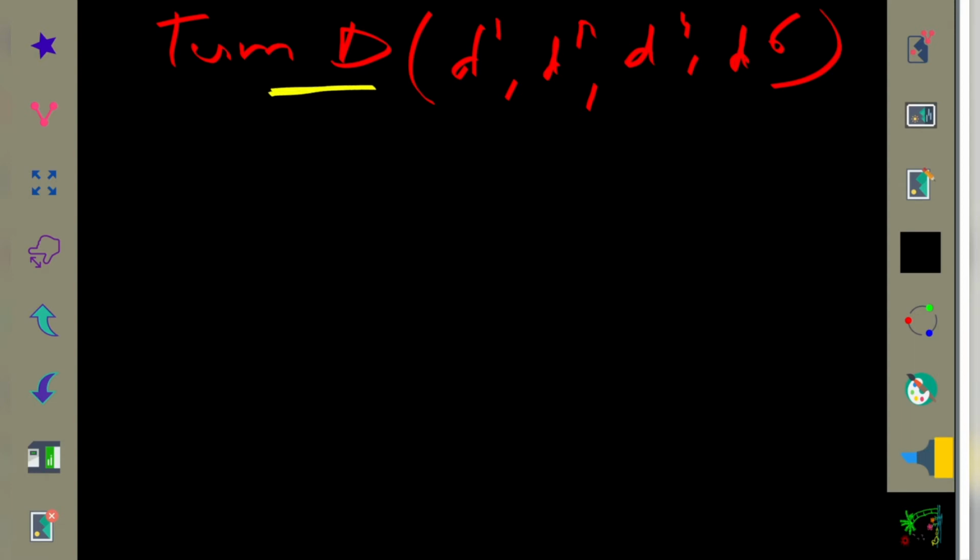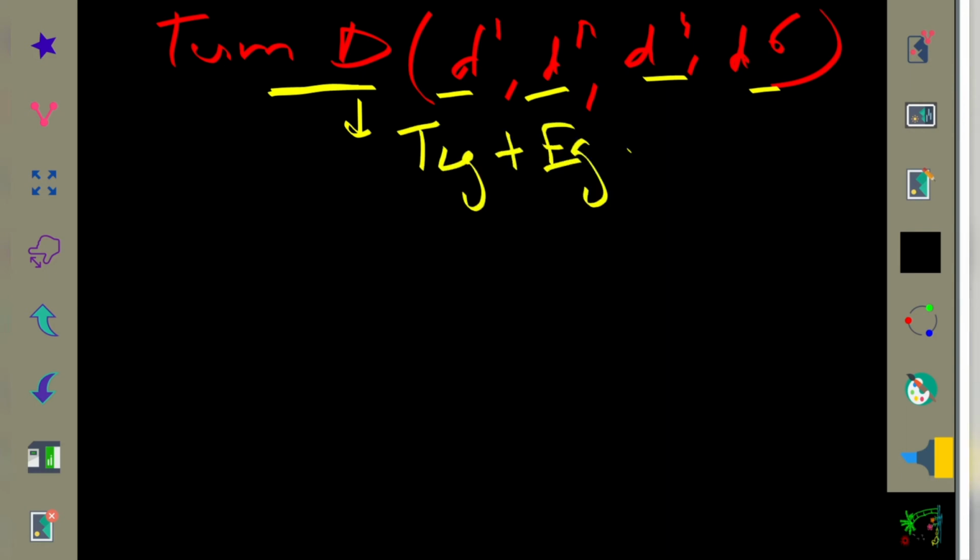For the D term, the configurations that we found were d1, d9, d4 and d6, and we also found that D splits into the molecular symbols T2g and Eg.